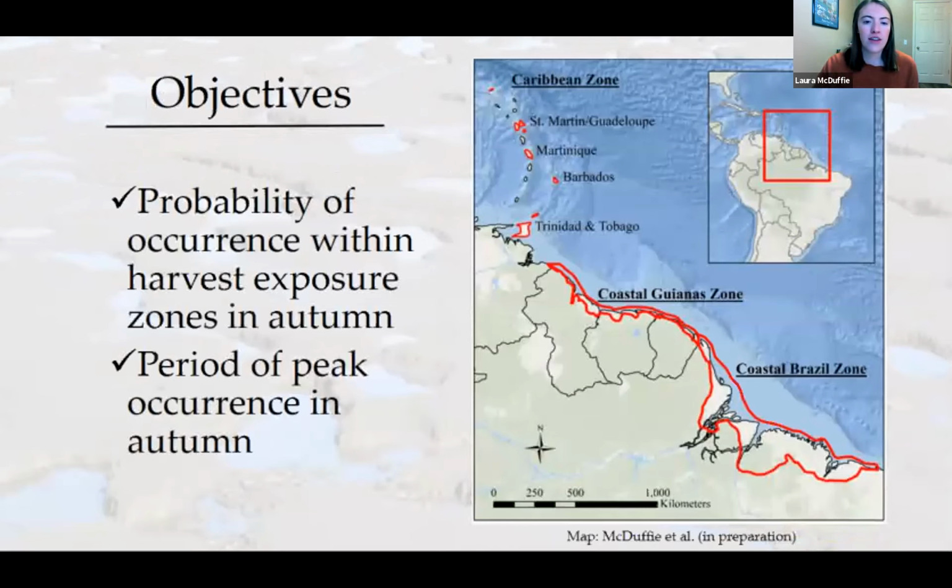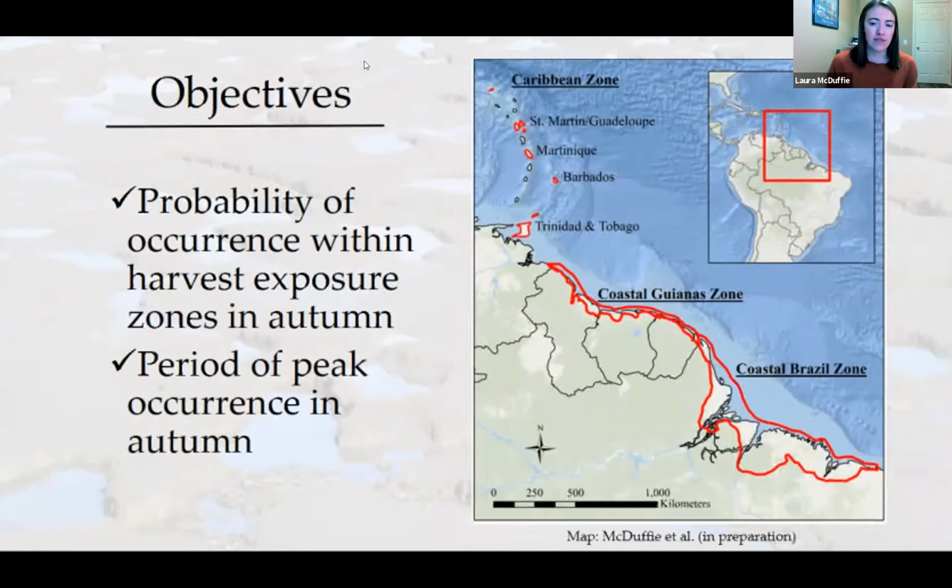There are 3 pretty defined exposure zones that I'm going to highlight here. There's the Caribbean zone, which includes basically the Lesser Antilles. Then there's the coastal Guyana zone, which includes Guyana, Suriname, and French Guiana. And then there's the coastal Brazil zone, which includes the coastal portions of several northeastern states of Brazil.